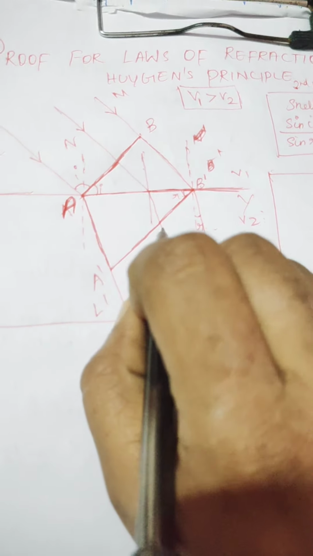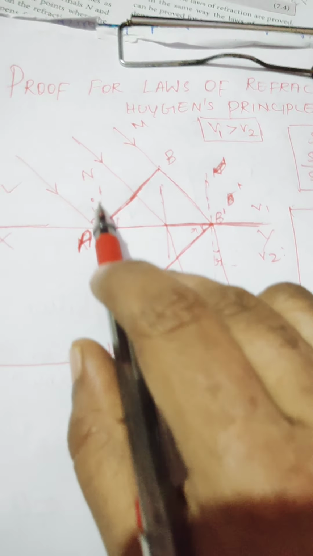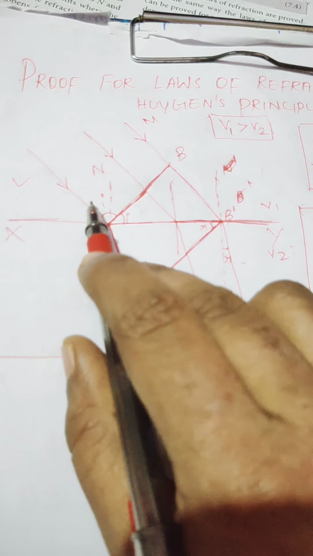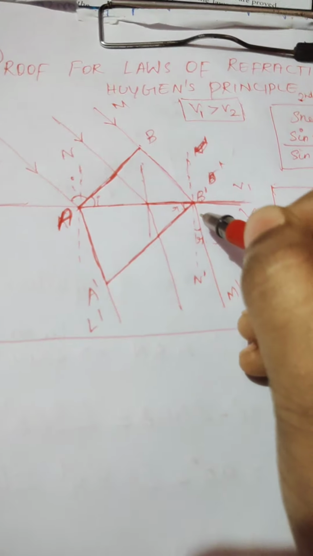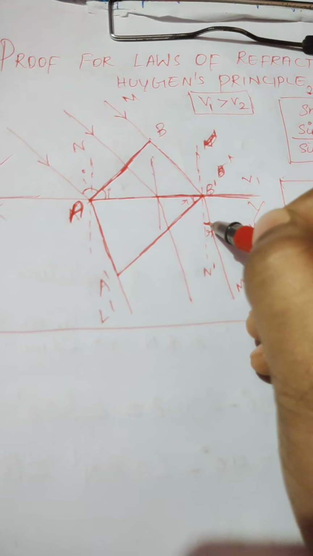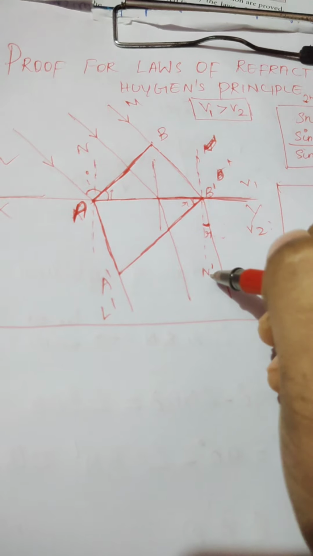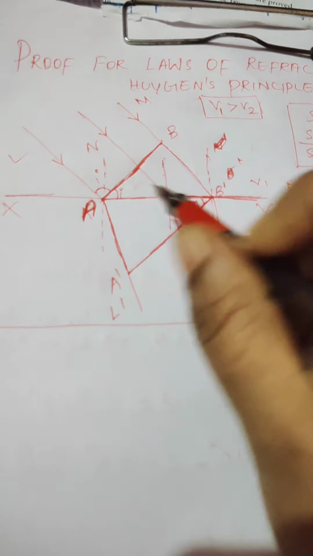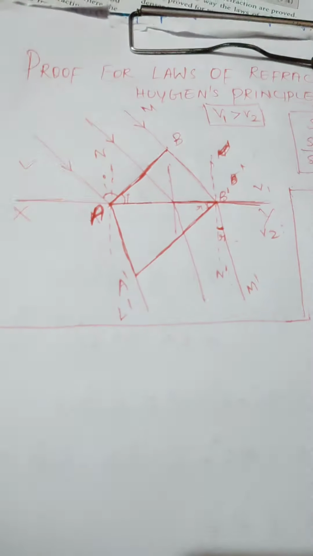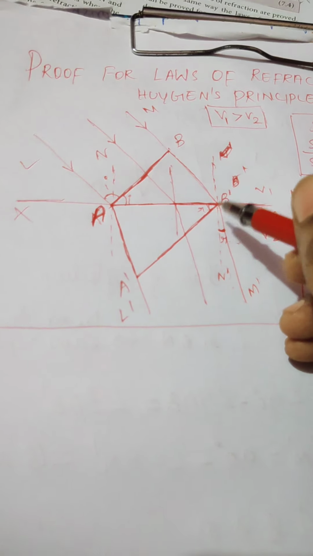This is the incident ray, and this angle is the incident angle. The refraction angle will be on this side. Here also I have the normal, marked n dash, and this normal is n. To calculate the remaining angle, we subtract from 90.